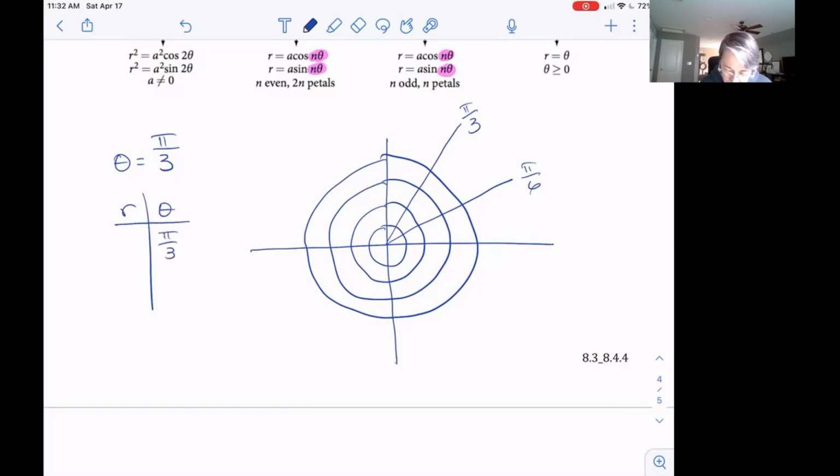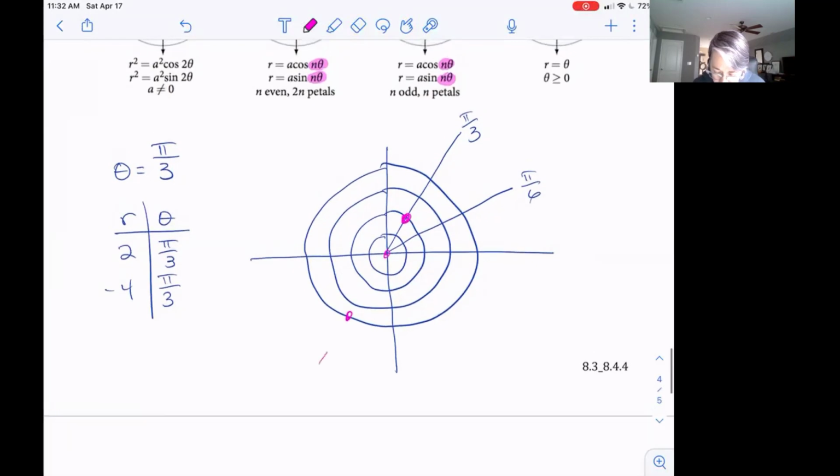So for this point, it has to be pi over 3. Our radius could be 2. Our radius could be -4. But the theta still has to be pi over 3. So if my radius is 2, if my radius is -4, if my radius is 0, doesn't matter. It just means that my angle is pi over 3. So if you have something like that, where it's just the theta, you're going to get a line.